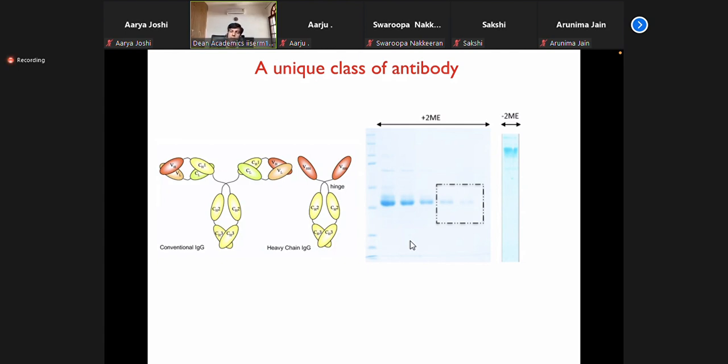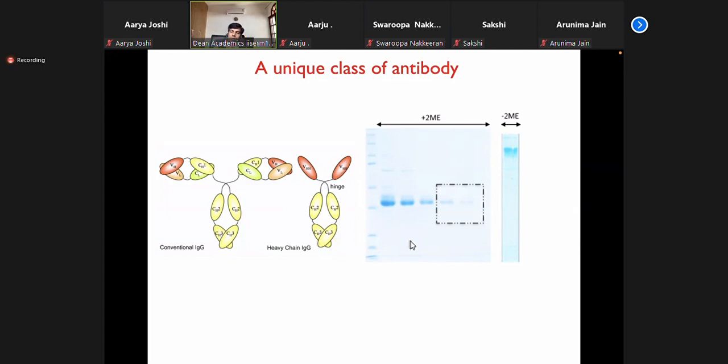You can even make these antibodies in such a way that they bind to antigen on one side, and on the C terminus you can put a toxin. For example, lymphoma is a cancer of B cells of a particular type.